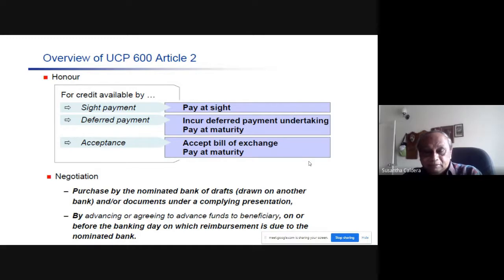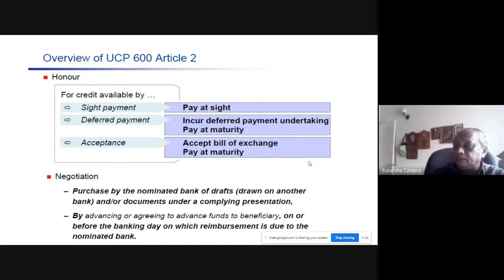Now, either you can give the money immediately, or by advancing or agreeing to advance funds to the beneficiary. When we negotiate and send the documents, the issuing bank will accept the draft and send the confirmation to us.